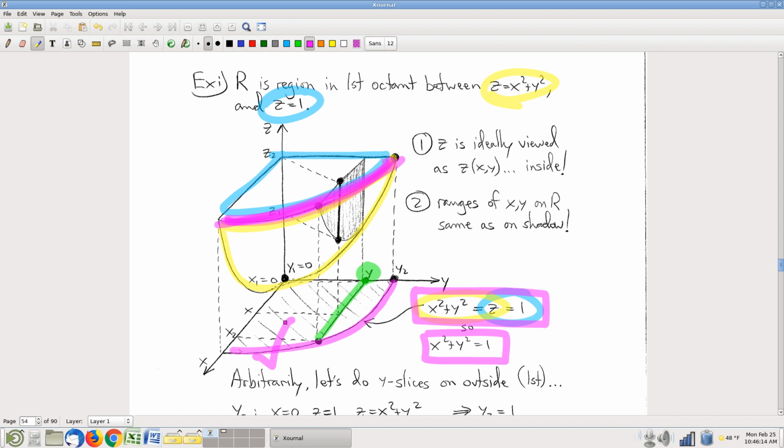Again, you have to have the picture. To know what the shadow looks like, you have to be able to see which edge of your solid is the one that's projecting down to it. Yeah? I feel like just based on the picture, it should be bound by the little curve underneath the y slice there, you know? Curve under. Oh, you're talking about this curve here? Yeah, well, that's sitting underneath.